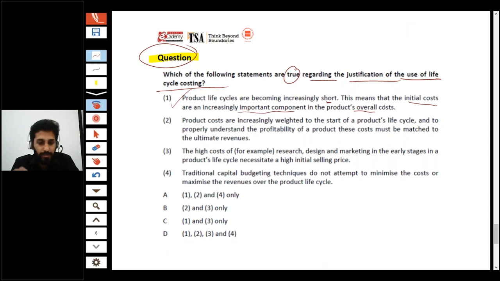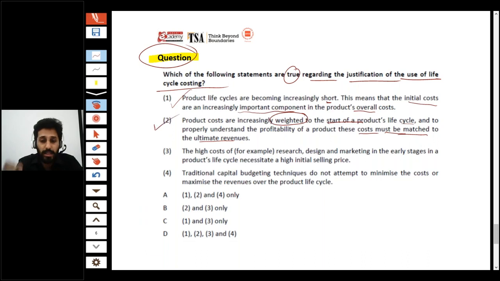Number two is that product costs are increasingly weighted. That's not the weighting for the time. That is the weightage to the start of the product life cycle, and to properly understand the profitability of the product, these costs must be matched to the ultimate revenues.